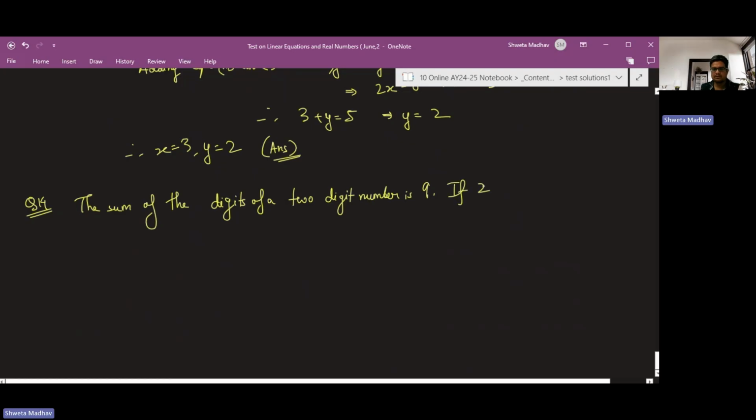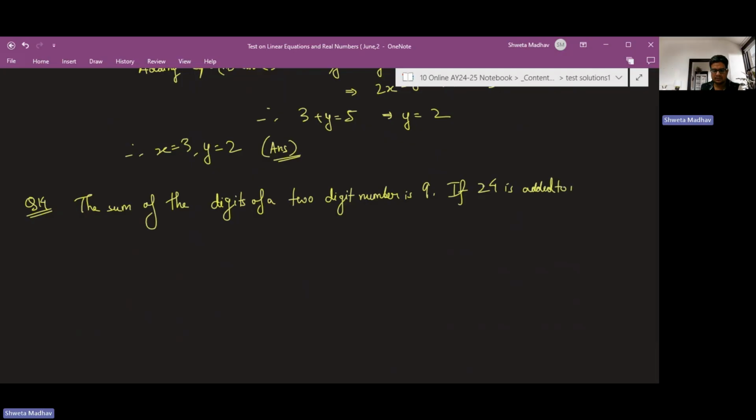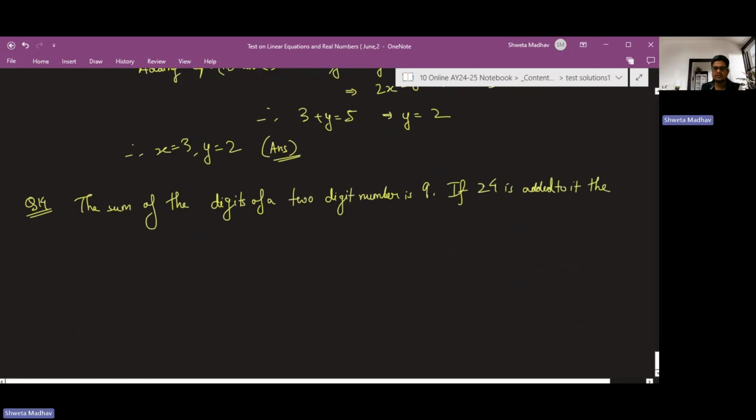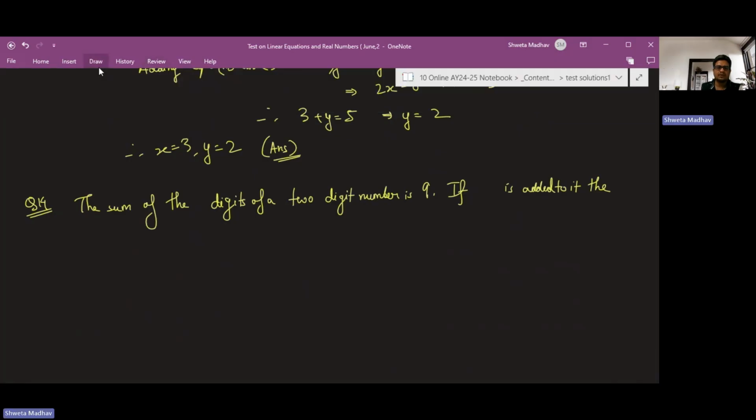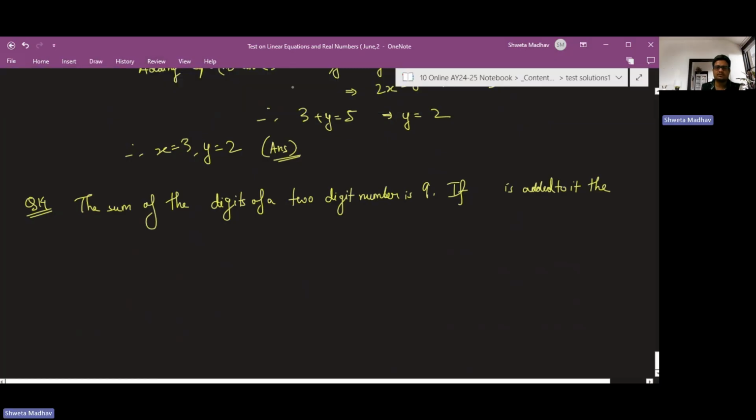And if 27 is added to it, the number gets reversed. Then we have to find out the number.